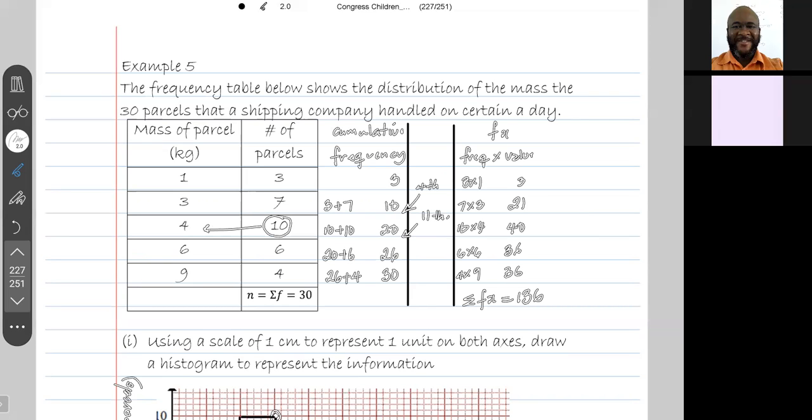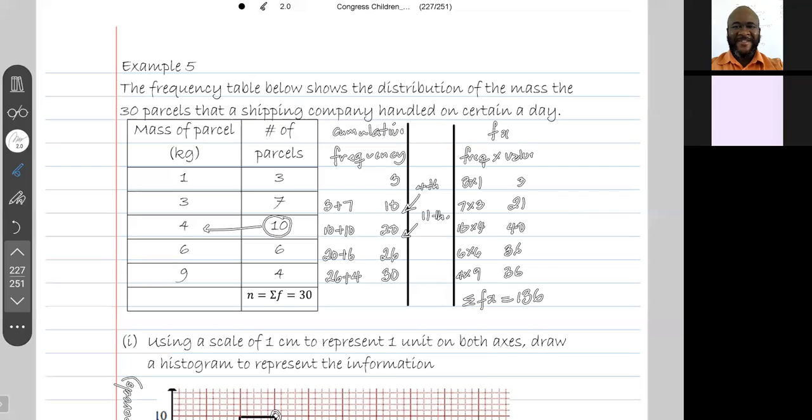Now, guys, the sum of FX is the sum of all the values. So in other words, the sum of FX here, which is 136, is the mass of the 30 parcels. For the first line, if 3 parcels, each weigh 1 kilogram, that is 3 kilograms.